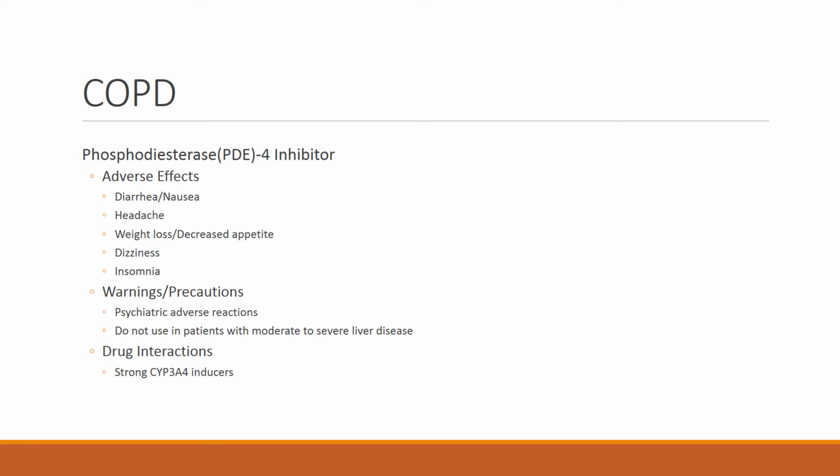So if you can sort of remember both of those, the montelukast, which is the leukotriene antagonist, as well as these PDE4 inhibitors, have some of the same warnings and precautions. This, again, with strong CYP3A4 inducers like your rifampin, carbamazepine kind of thing, can interact there.